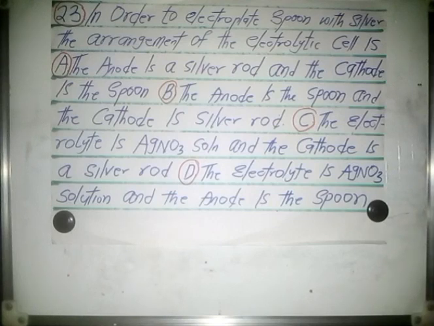So in this case, from this analogy, your anode will be the silver rod, while the cathode will be the spoon. So that when current is run through it, the silver dissociates and it gets to be deposited on the spoon. By so doing, you have electroplated the spoon. So your answer is A.